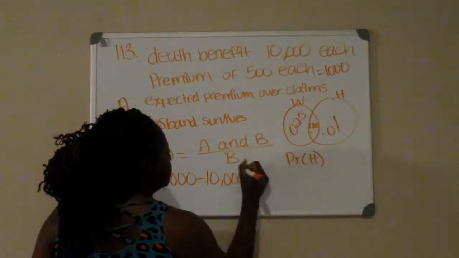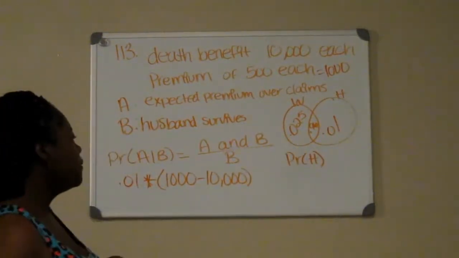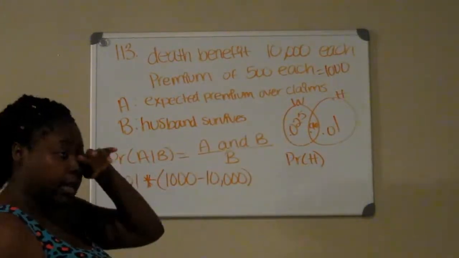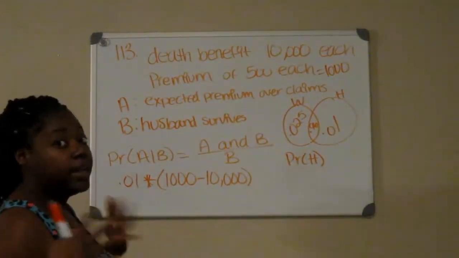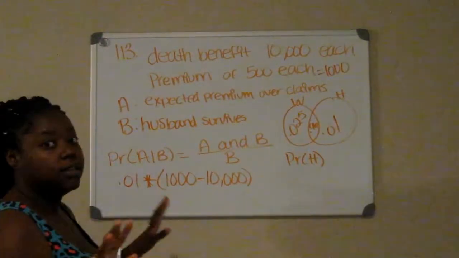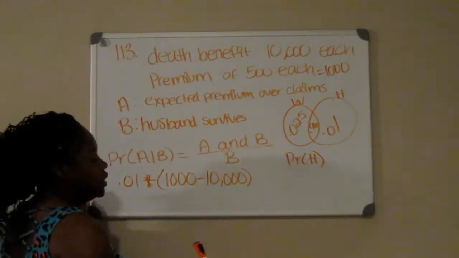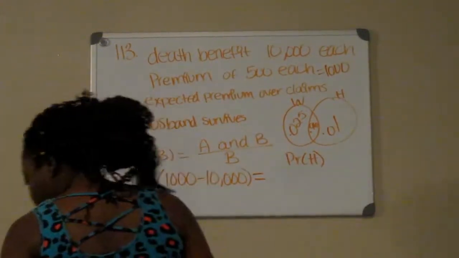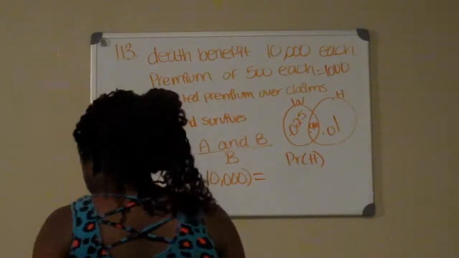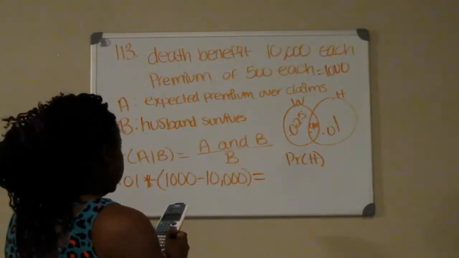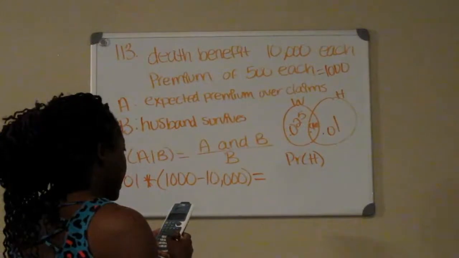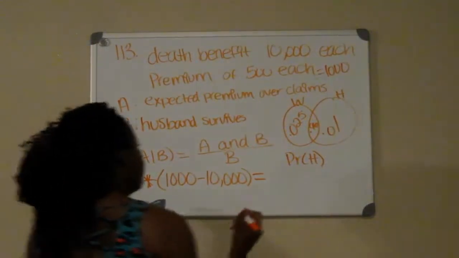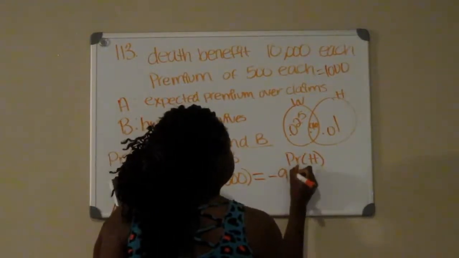The wife died. We're doing premium over claims, so it's premium minus the claims. This is just the way that I'm choosing to look at this. The answer sheet does it a different way, but this made sense to me. This gives you 0.01 times 1,000 minus 10,000, and we got negative 90.